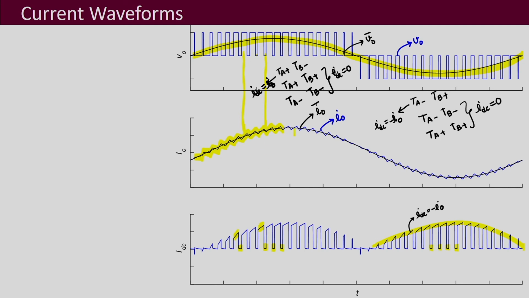So, sometimes it follows plus IO and 0, and the other half it follows minus IO and 0.